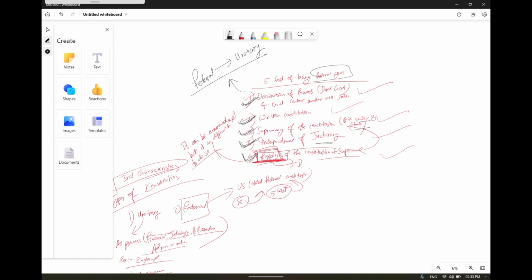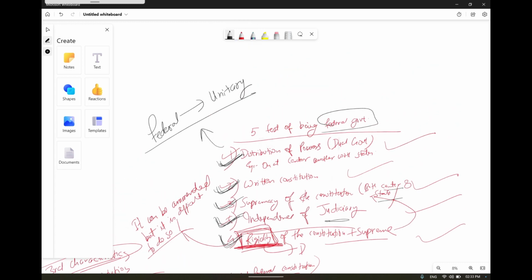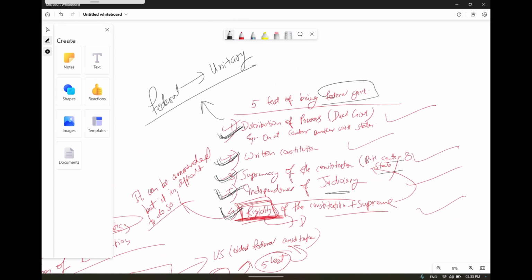What are the 5 tests? These 5 tests are the provisions that have to match with the US Constitution, and how the Constitution was enacted. In normal circumstances we pass them, but in sections where the emergency is implemented, we are not passing it.